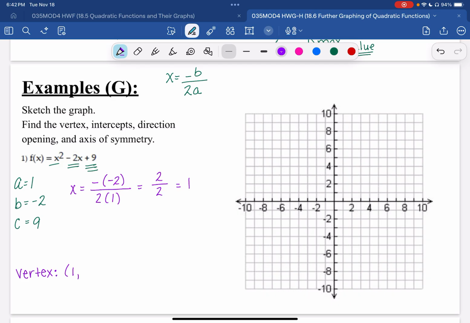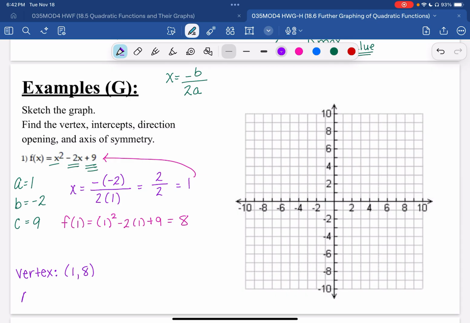Now to find the y, I'm going to take this and plug it into my function. So I'm going to find f of 1. So 1 squared minus 2 times 1 plus 9. And then I'm going to calculate that, and it gives me 8. So that means that my vertex is (1, 8).